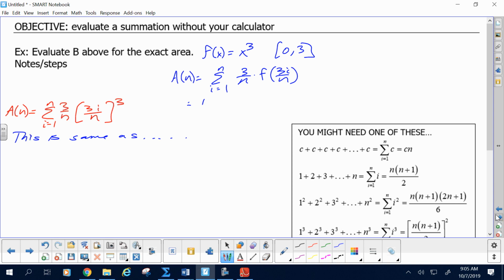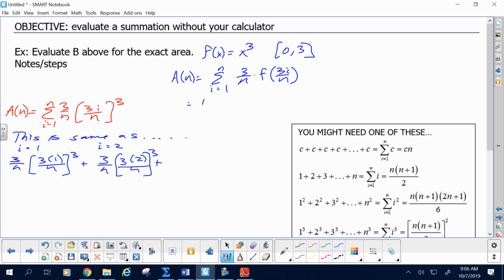So when i equals 1, I would get 3 over n times 3 times 1 over n all cubed. And then I would plug in i equals 2, and I'd get 3 over n times 3 times 2 over n all cubed. You see where I'm coming from?